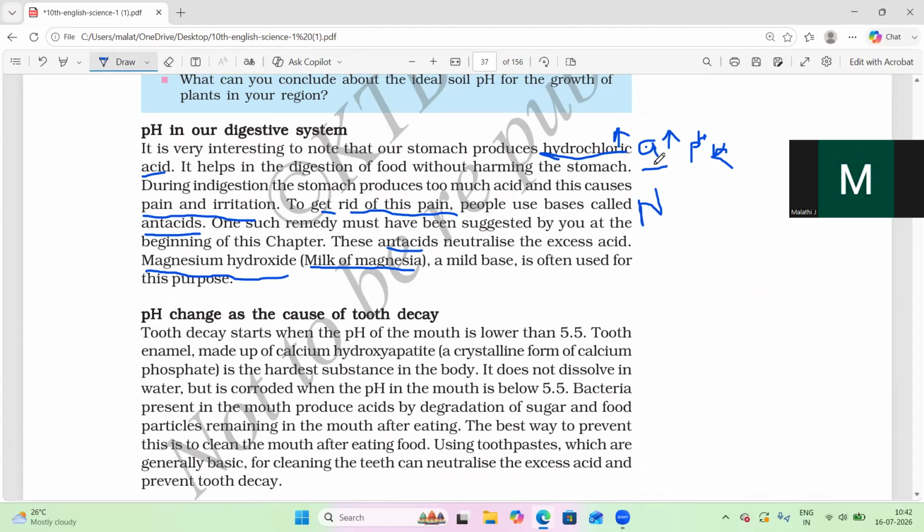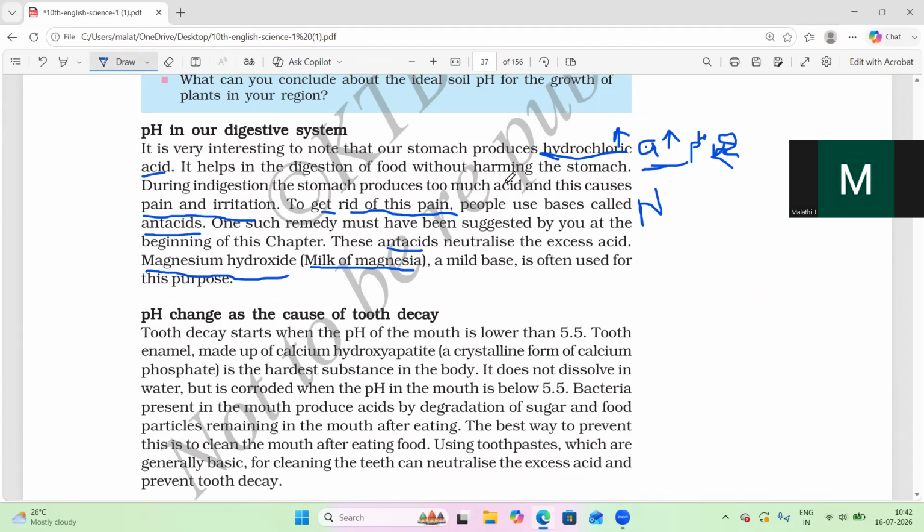When we eat spicy food, a larger amount of acid is released in our stomach. The pH value decreases to 2 or 3. When the pH value decreases, more H plus ions are released.